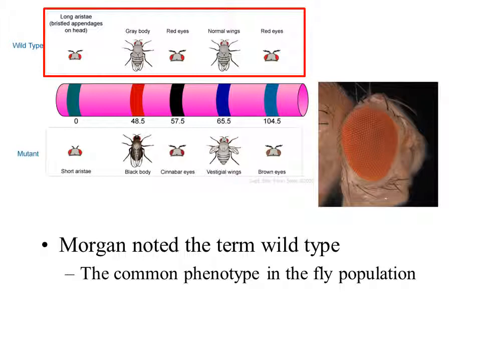If we left out a banana and the next day we captured all of the fruit flies that were associated with that banana, and we looked at the fruit flies under a stereoscope, we would see that the majority of the eyes would be red. Therefore, that had to be the wild type, the most abundant trait found in nature.